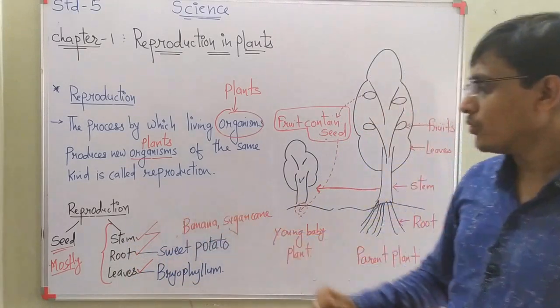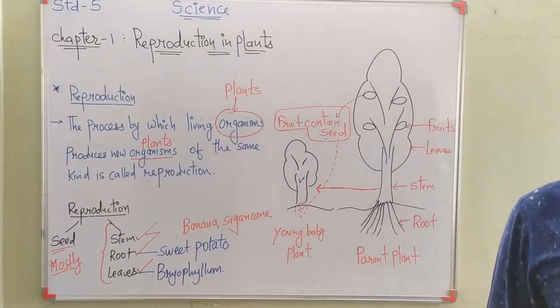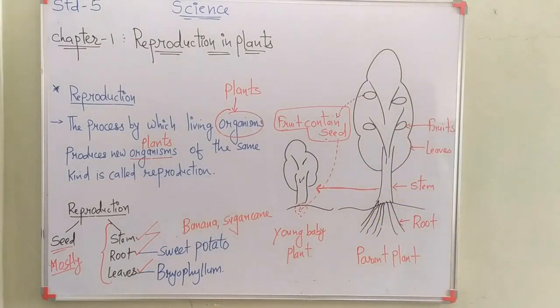If someone asks you to give examples of plants that reproduce through the stem, you have to give the answer banana tree and sugarcane. If someone asks you to give examples of plants that reproduce through the root, you have to answer sweet potato. If someone asks you to give one example of a plant that reproduces through the leaves, your answer is bryophyllum. So is it clear?